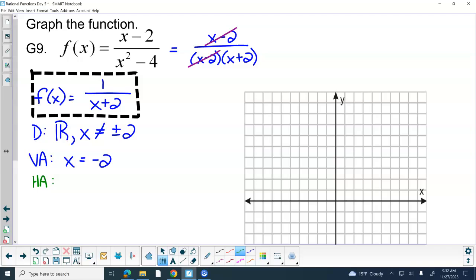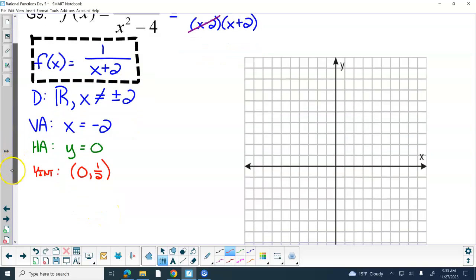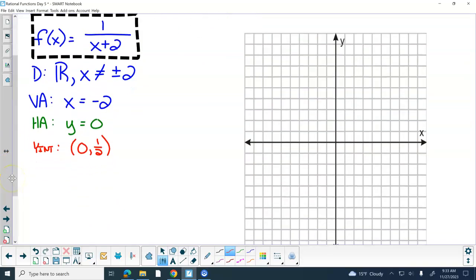I like y equals 0. Y-intercept: 0, 1/2. X-intercept: there is none because 1 can't equal 0.